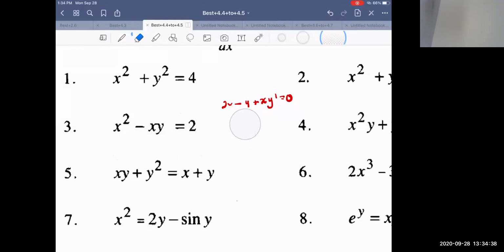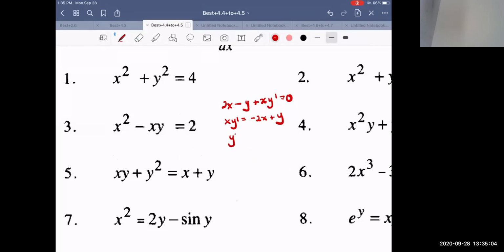So this is my equation here. Again, I want to get y prime by itself, so I'm going to move the 2x and the y over. So I've got x y prime is equal to negative 2x plus y. And now I can divide every term on both sides by x.